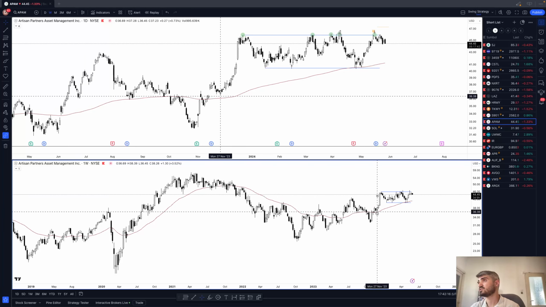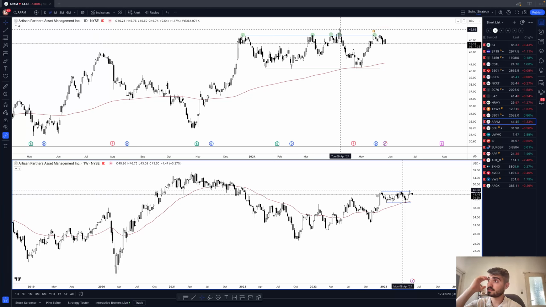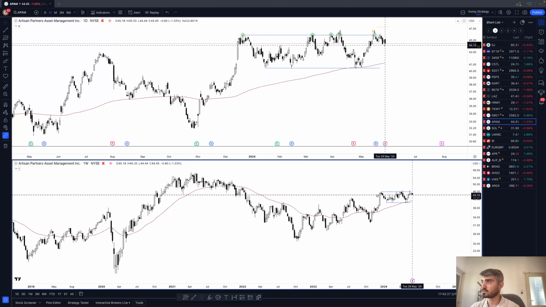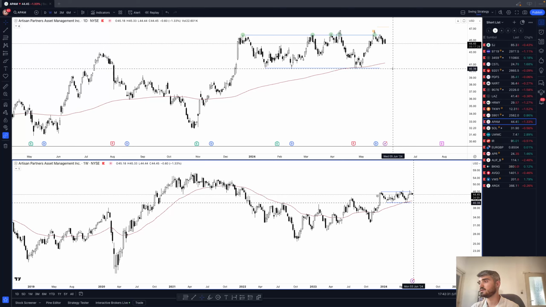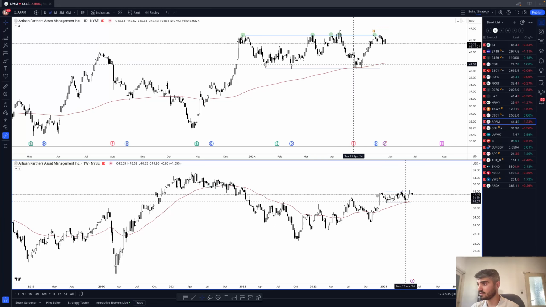We are seeing rejection, clear rejection. We had an attempt to break out here and another attempt to break out here. Bad follow through to the upside. We're continuing down clearly, getting back within the pattern boundary, closing the gap slowly with the 200-day EMA. Signs of weakness are showing up.